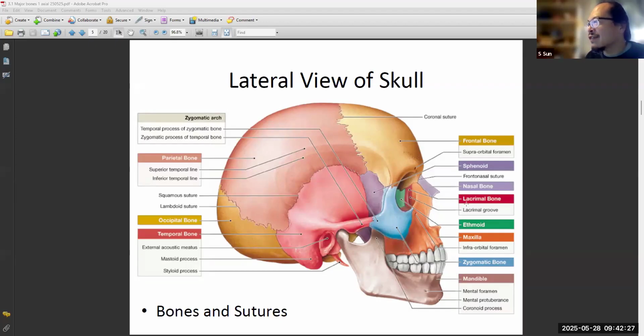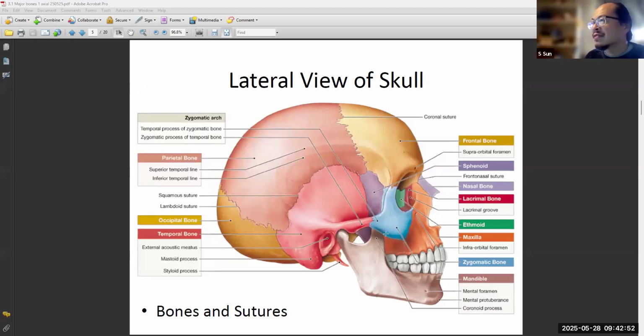In our eye, you have the lacrimal bones, and here you have a little bit of a dented area to allow the lacrimal gland to sit inside. So that's called the lacrimal groove right here.